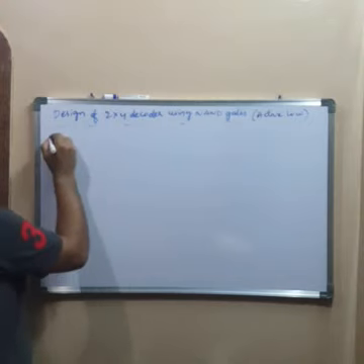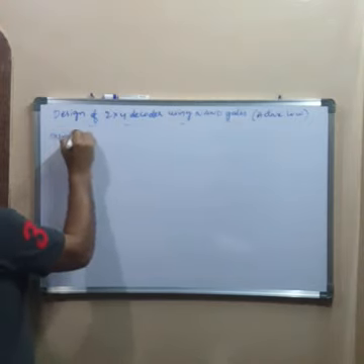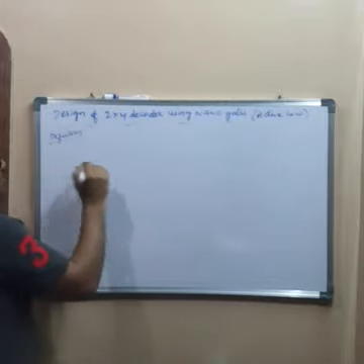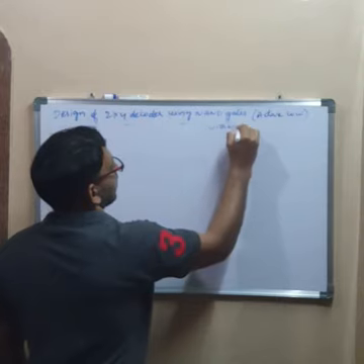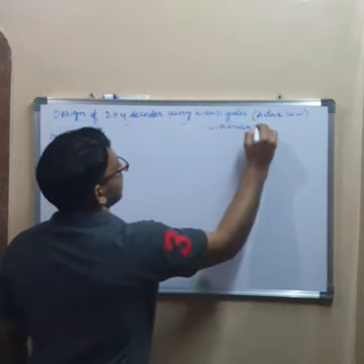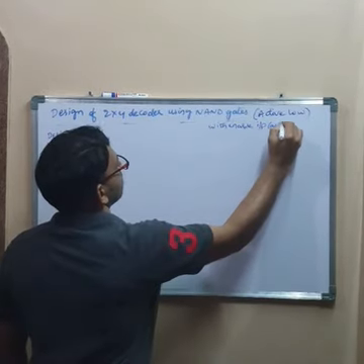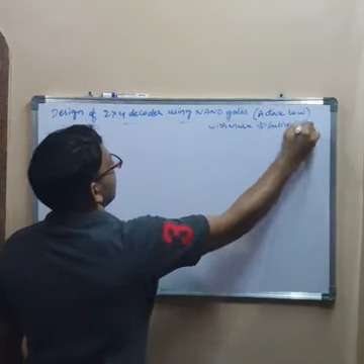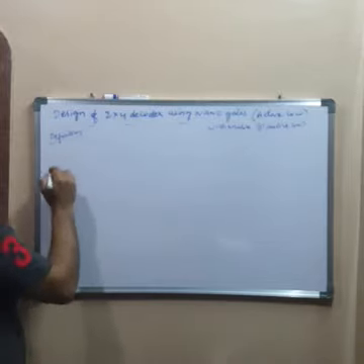So in this case, the definition: I will take an enable input also, which is also active low. So it is a combinational logic circuit.